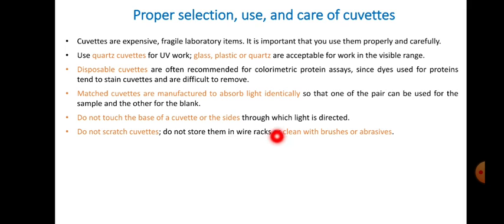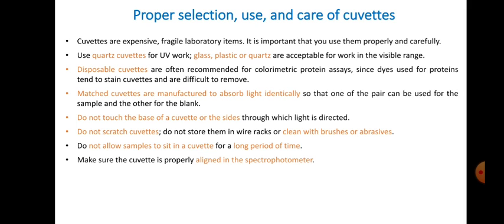We should not put them into wire racks, and we have to clean them with tissue papers. We should not use a brush or any kind of abrasive because it will create scratches. Then we should not allow samples to sit in the cuvette for a long time, otherwise it again becomes difficult to remove these samples.